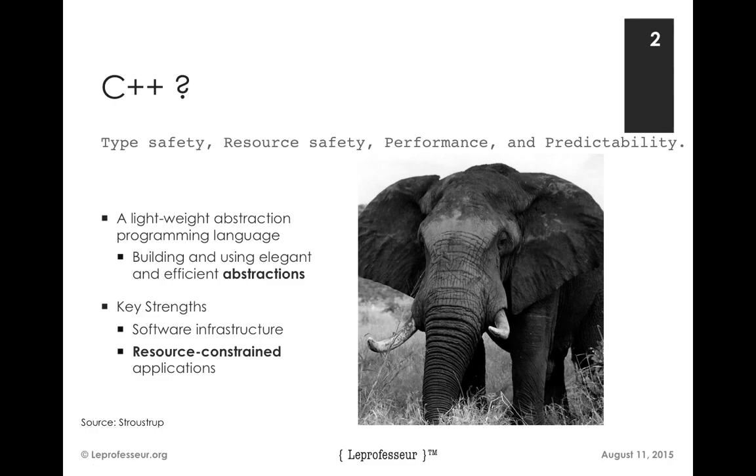It offers type safety, which is important. We don't want to mess around with the types of our objects or named elements in our program. Resource safety, this is very important again. For example, think about your car's fuel tank or internal system not being efficient enough and your car leaking gas.